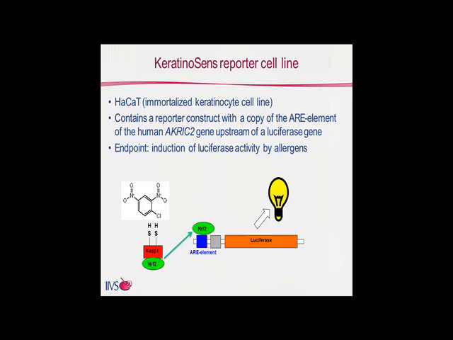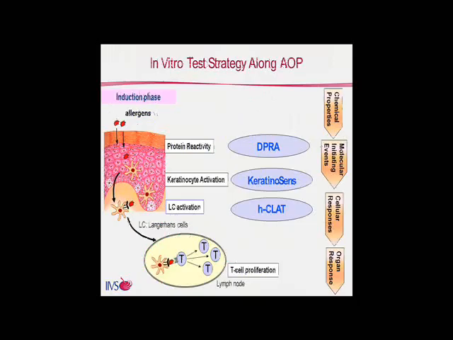And lastly, just to summarize what I've presented thus far, certainly everything is not going to be covered in this webinar in terms of all of the available methods or all of the available pathways that can be utilized to assess skin sensitization. But I just want to review those things that I have discussed thus far, which is, along this adverse outcome pathway, three key things that we're monitoring here are protein reactivity, keratinocyte activation, and Langerhans cell activation.